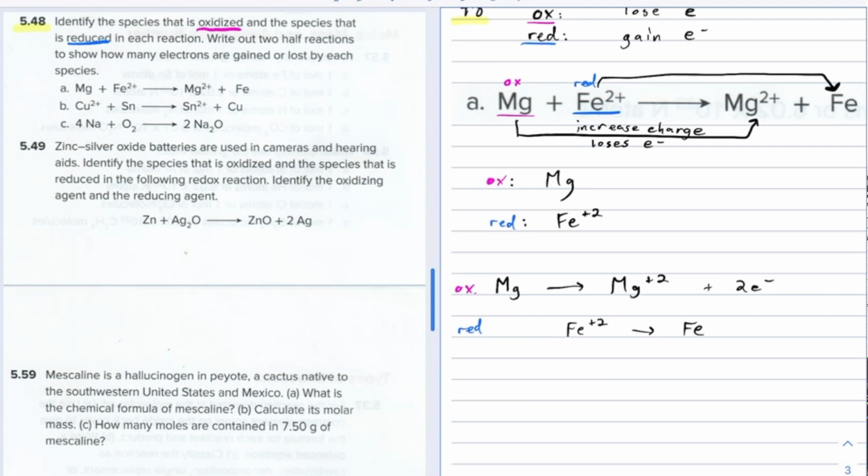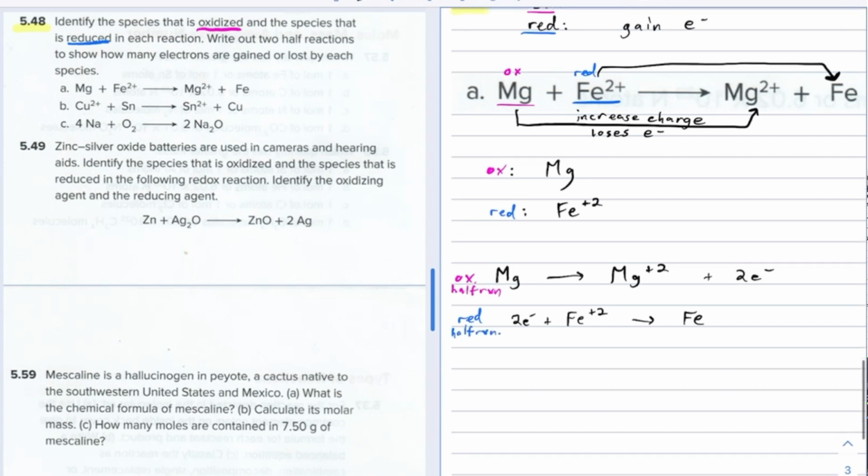In order for that to take place, this guy needs to gain 2 electrons. So 2 electrons plus the Fe +2 allows it to turn into Fe. So here you can see the oxidation and reduction half reactions explicitly. Okay, let's do B.